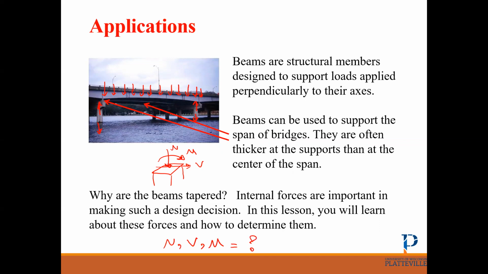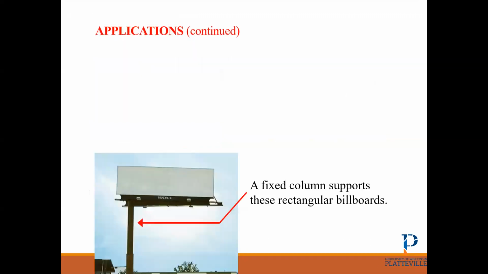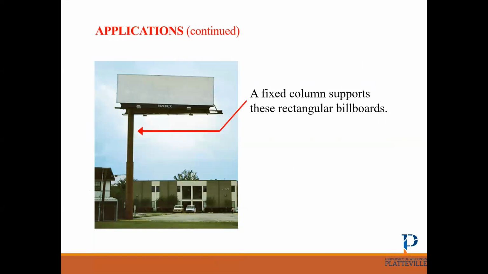We're looking for this at any given point in the structure. Another application you can see: if you look at the bottom, the bottom part of this column is larger than the top part. Why is it like that?